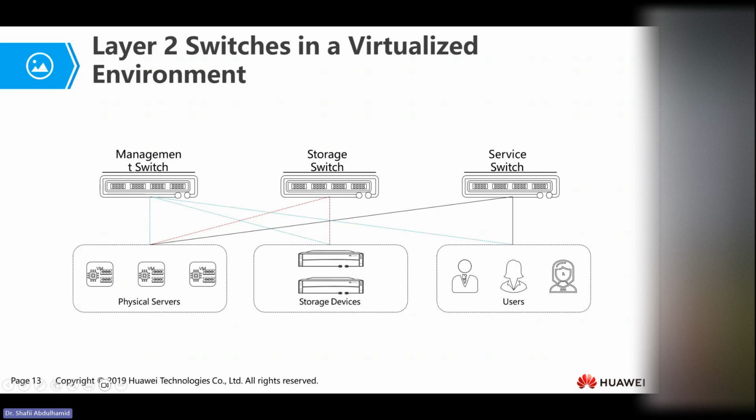What only differs is the name of the type of traffic that is sent or received, basically. Likewise, the storage switch can send and receive information to storage devices, and of course, also to physical servers. So this is what we need to remember in an east-west traffic situation.